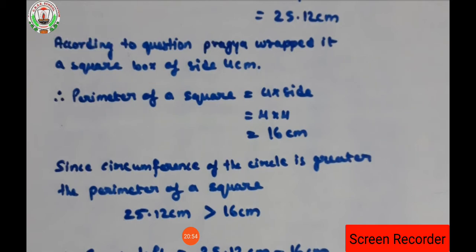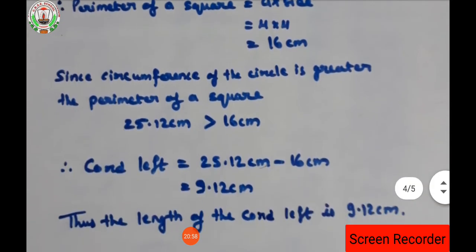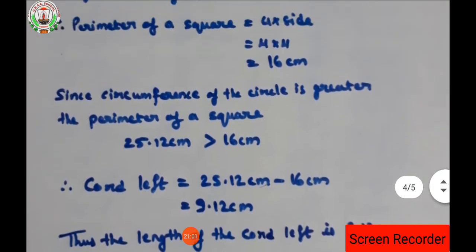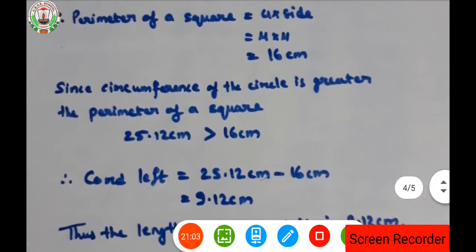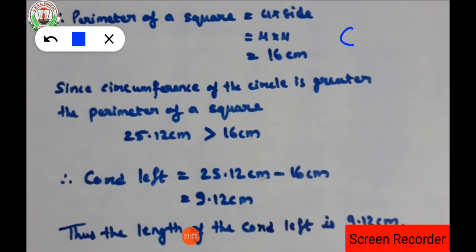Clear? Now comparing both values, the circumference of the circle is 25.12 centimeter, and the perimeter of the square is 16 centimeter.